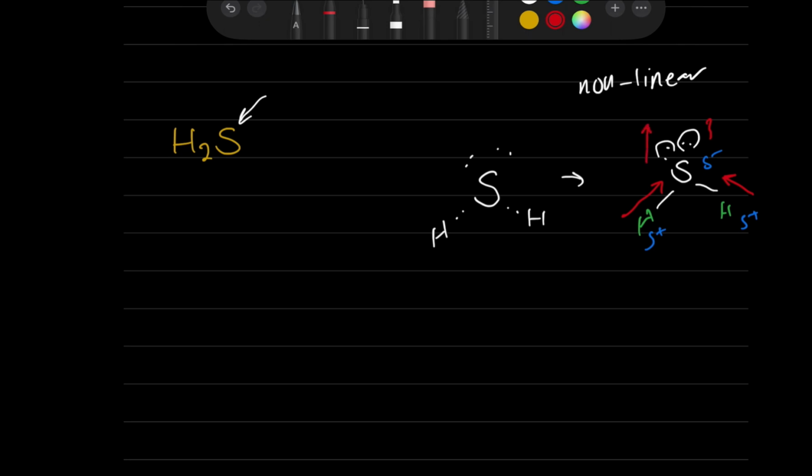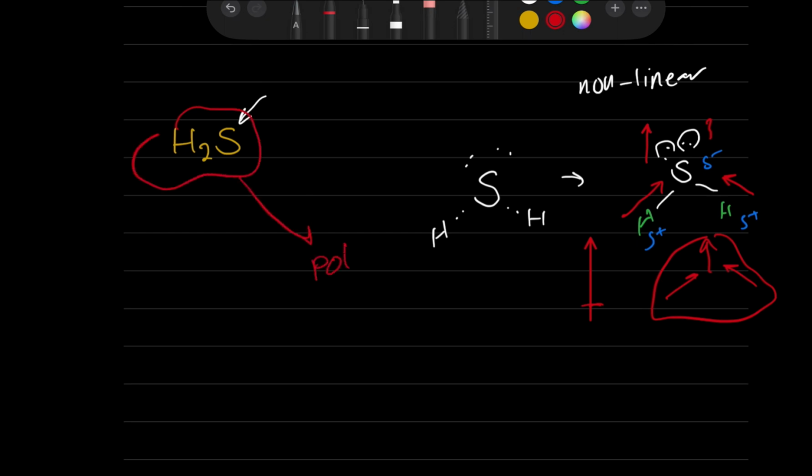So since you have directions like this, the overall direction of the dipole is up. Since you have a dipole, they do not cancel out each other, and we can say the H2S molecule is polar.